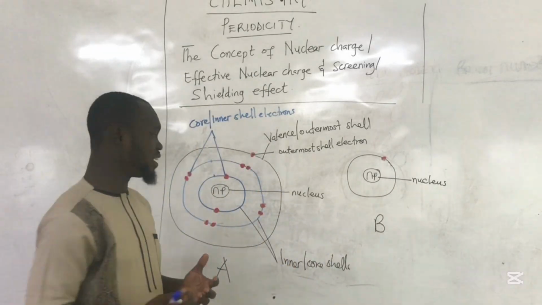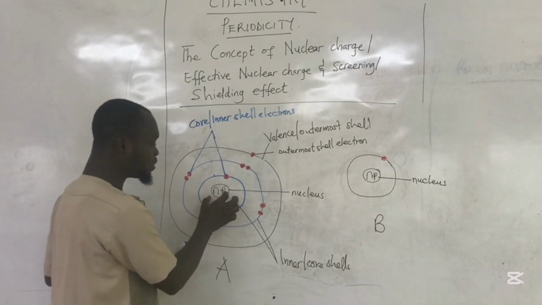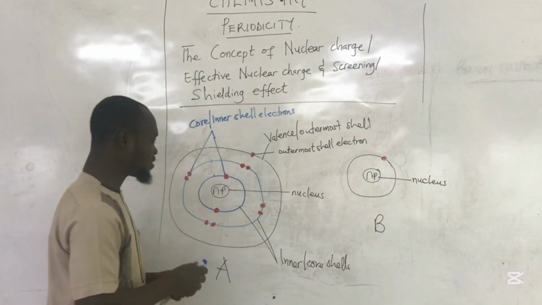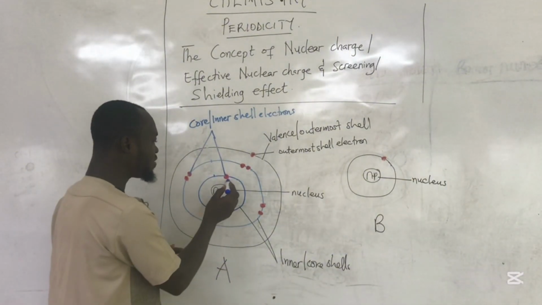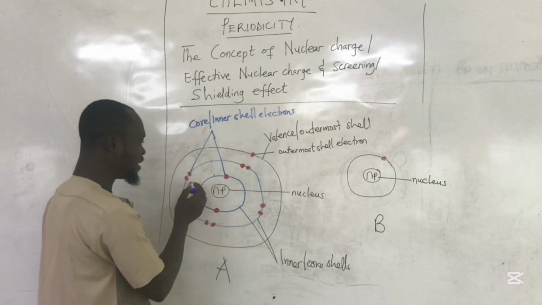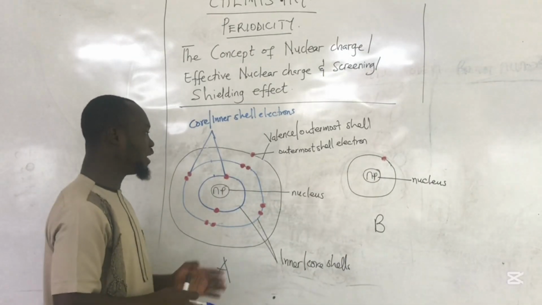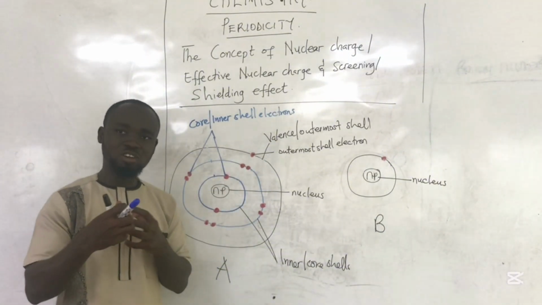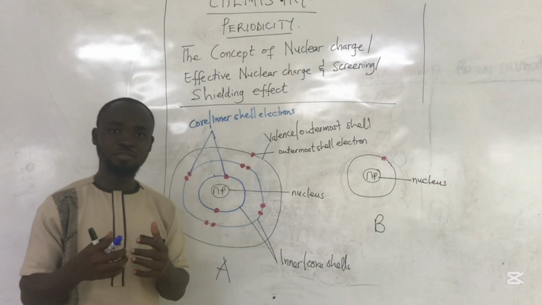So it means that when we take the protons in this nucleus, there is a certain attraction existing between the protons and the electrons in this first shell, the electrons present in the second shell, and also the electrons present in the last shell. That attraction is what we call the nuclear charge.